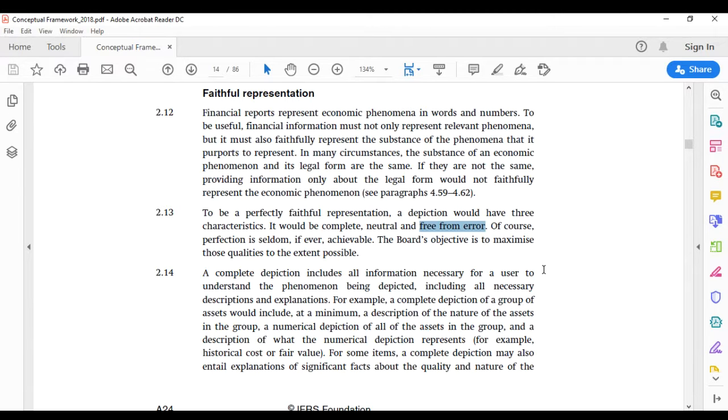So there are certain estimates in our financial statements, but what the conceptual framework basically guides us is, if you are using a proper basis for doing the estimate, you can almost call it a scientific basis, and if you also disclose the reasons for your estimates, for instance, that you're using 5 years as an estimated useful life and that you are using 50,000 as an estimated residual value, then it is still regarded as being free from error, right?